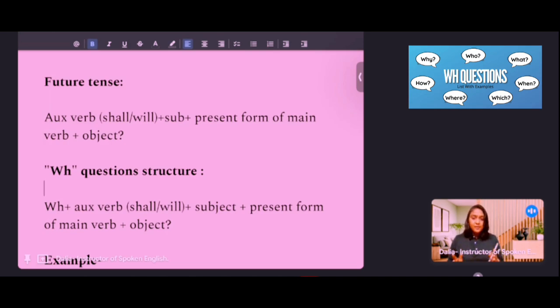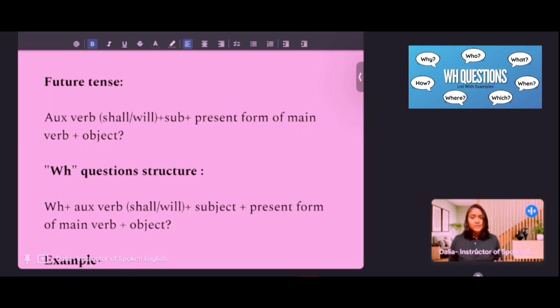But I will be working on only simple future and future continuous tense, because people usually don't use future perfect and future perfect continuous tense in their daily lives.